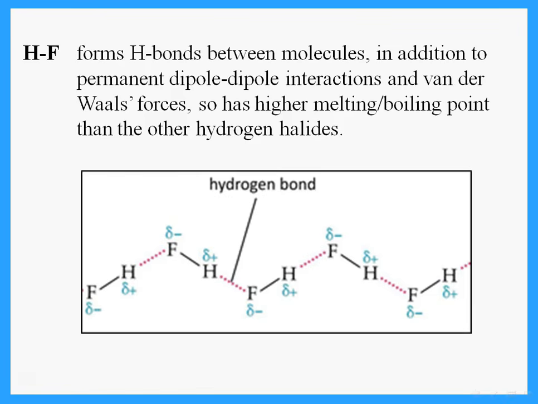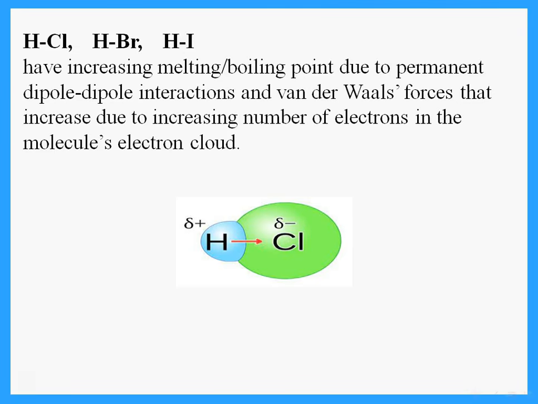And we said hydrogen bonding needs more energy to be broken, so the HF has higher melting point or boiling point than the other hydrogen halides. Now, as we go down HCl, HBr, HI, please do not say that they form hydrogen bonds, because we don't regard them as forming hydrogen bonds since it is very, very weak.